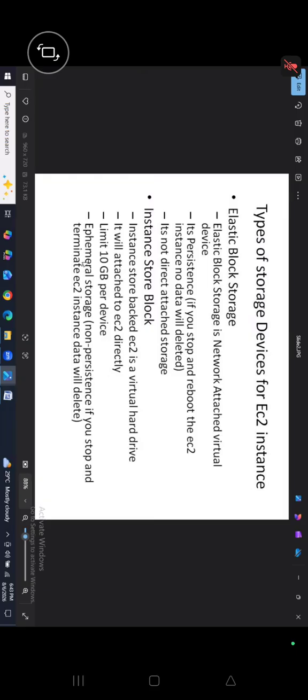We don't have much capacity. It will support only up to 10 GB, and that too this is ephemeral storage, which means non-persistent. Clear, guys? Ephemeral storage means it's a non-persistent volume. So that's why nowadays no one is using it, right?